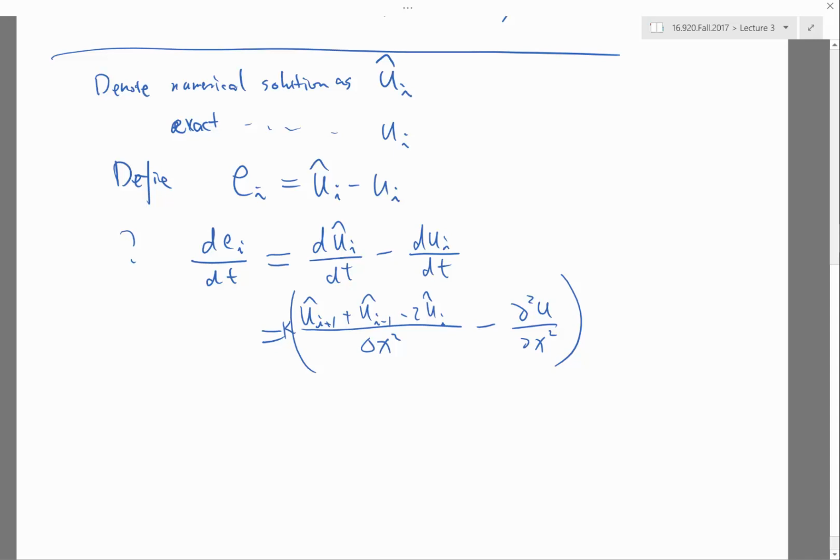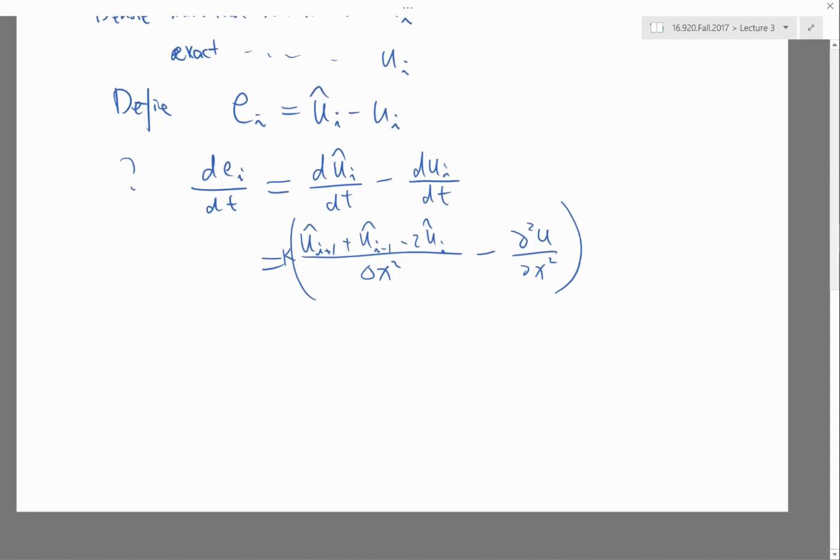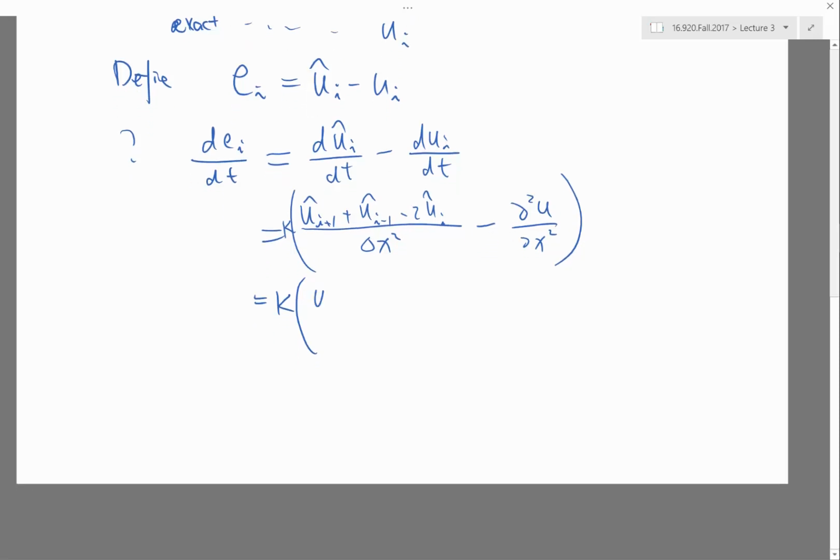So how do we resolve that difference? Subtract and add. That's a great idea. So let's subtract and add the finite difference operator operated on the analytical solution.